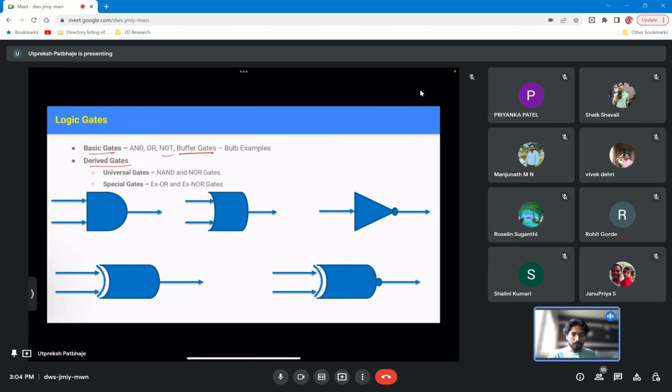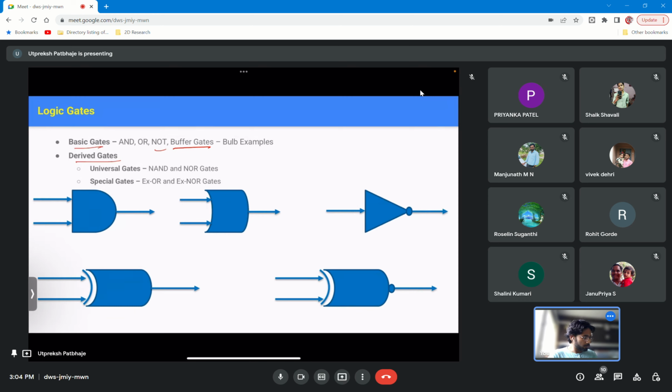Among these, I have drawn some symbols here. This is the AND gate symbol. This is the OR gate symbol, but I was unable to get the exact one in the PowerPoint. So this is actually the OR gate. Then this is our inverter or NOT gate.